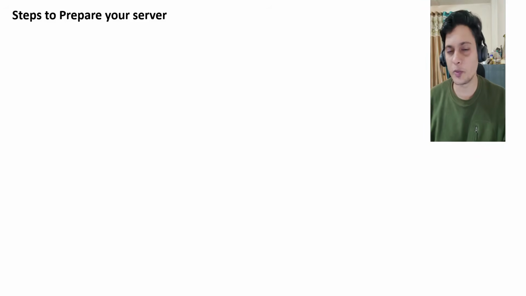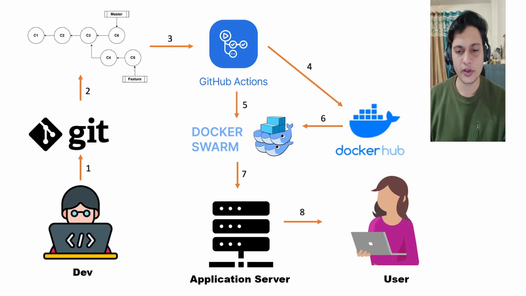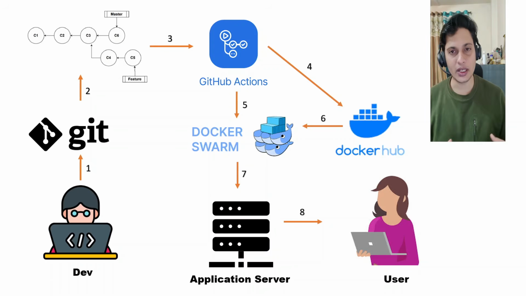Let's see the steps to prepare your server. But what do I mean by the steps to prepare your server? Here, this GitHub Action is something which is doing all the things. But to do all the things, it needs a machine. As I said, everything needs to be done on a server.